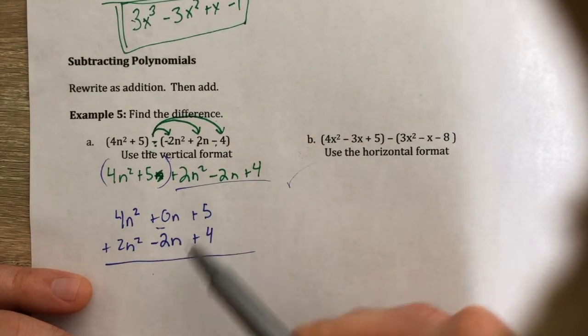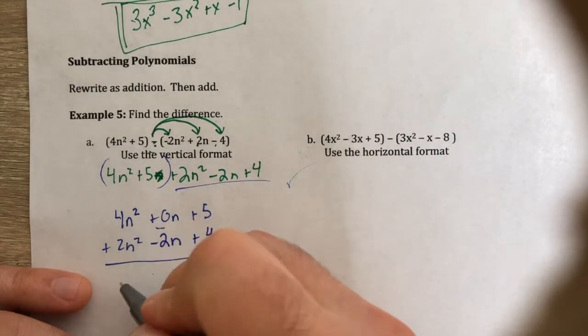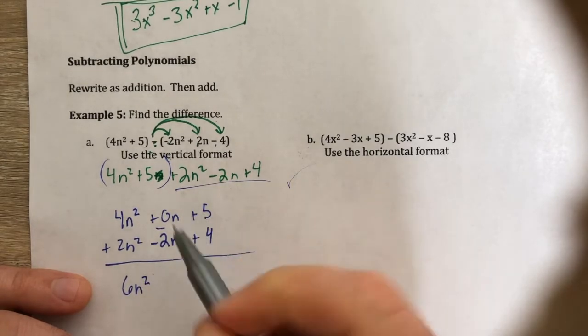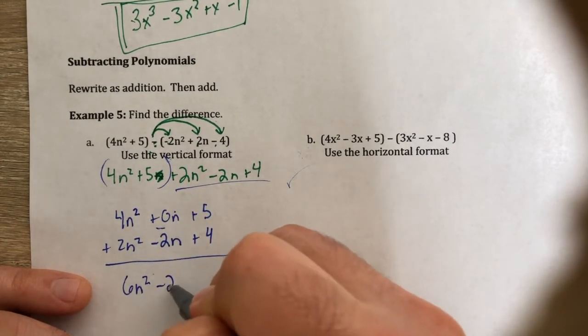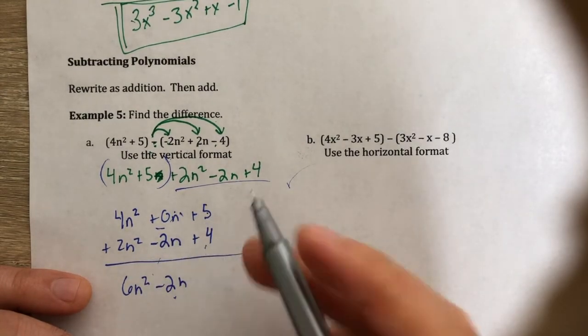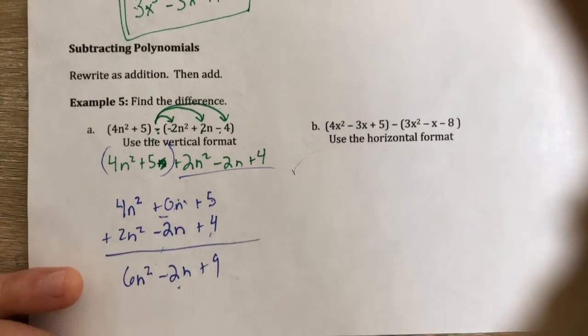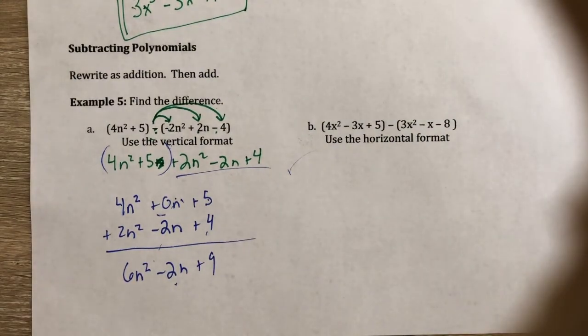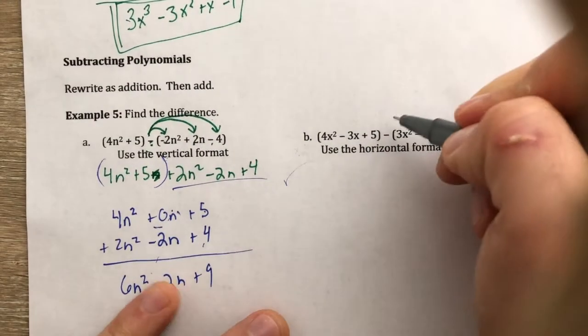And all of my like terms are grouped. 4n squared plus 2n squared is 6n squared. 0n minus 2n is negative 2n. 5 plus 4 is 9. And that's it.